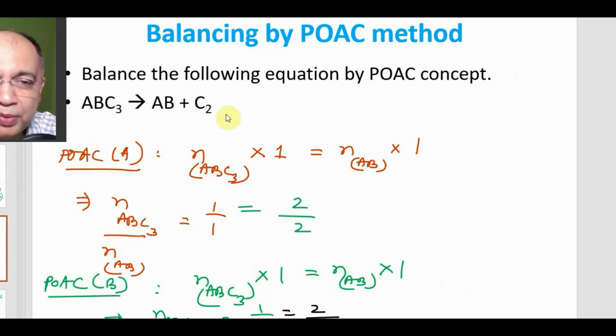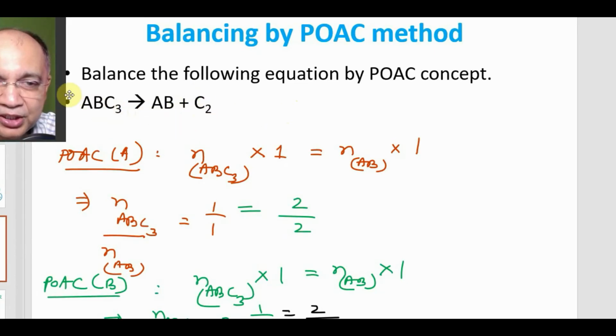Supposing we want to balance this equation, ABC3 gives AB plus C2. A, B, C are three different elements. Now by inspection method we can do it here. Here it is 3, here it is 2, so we multiply by 2 here and 3 there, so C is balanced. Then when 2 here, we also make 2 here. So 2, 2, 3. By inspection we can balance this equation.